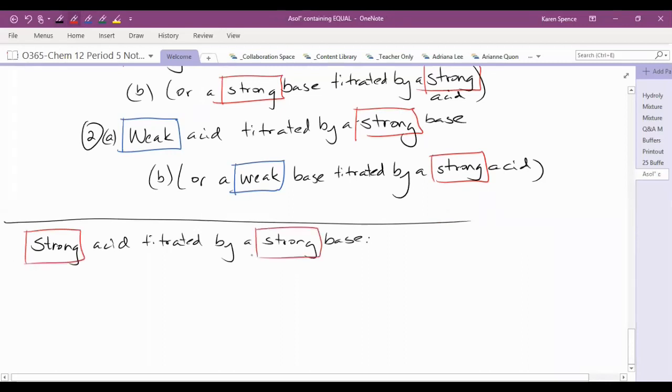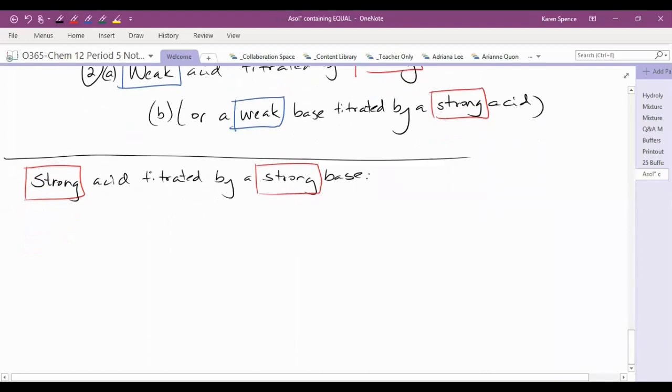So what that means is that we have two major pieces of equipment that we use in any titration. We have this long skinny tube, okay, with the little valve there. Do you guys remember what that's called? Yes, that is a burette.